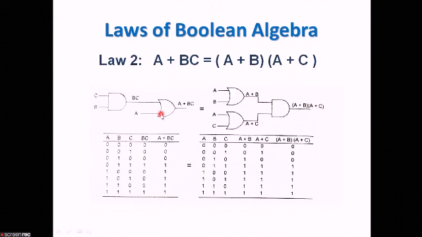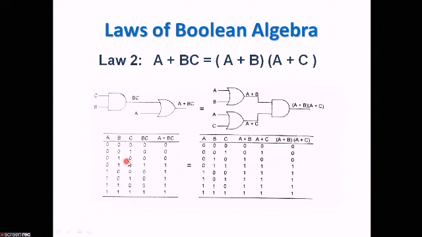Now, both of these logic diagrams we will be applying in the truth table. So, A, B and C are the inputs and BC and A plus of BC are the two outputs. So, just look here, 0, 0, 0, the outputs are 0 and 0. Next is 0, 0, 1, the outputs are 0 and 0.